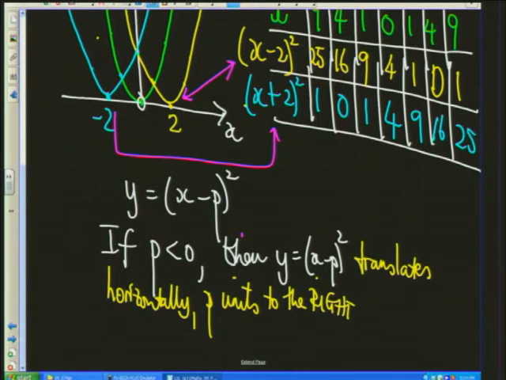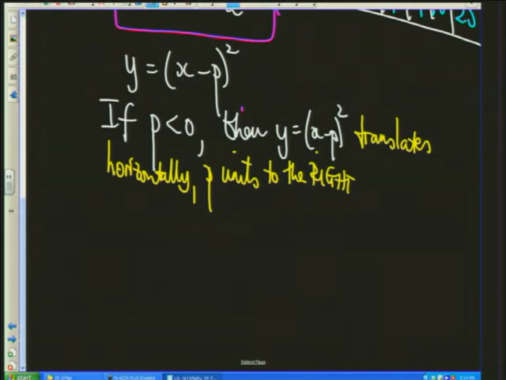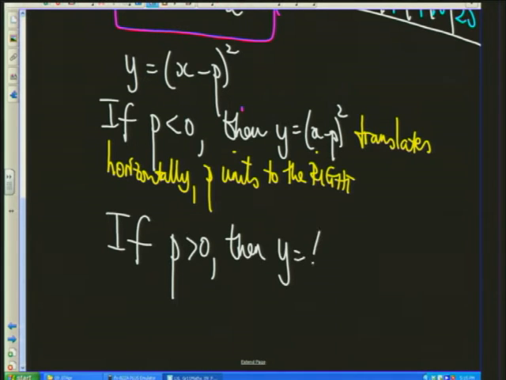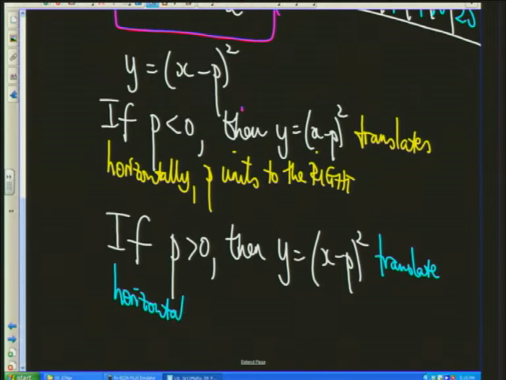However, if p is positive, then my y equals x minus p squared will translate horizontally p units to the right.